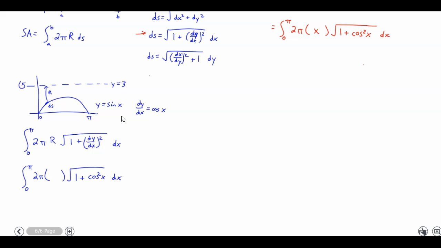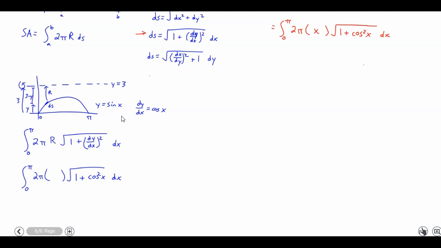Now what do I want to put in for my r? Well, remember, coming up from the x-axis, that distance is y. And going all the way up here, that distance is 3. So when I subtract that y from that 3, what I'm left with is this r is just 3 minus y.